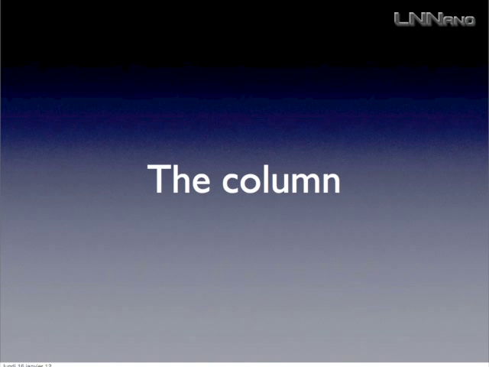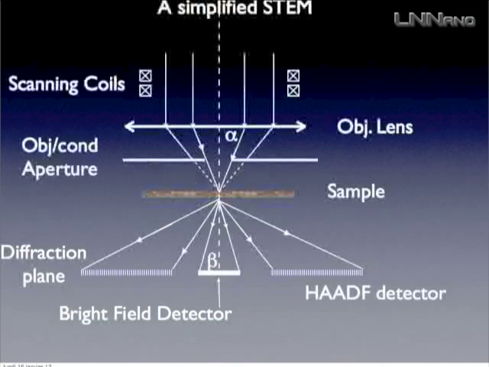So now we are going into the depths of my talk. An STEM, in fact, is a very, very simple machine. I think the main reason why it has not been so developed is that you need good electronics. Back 30 years ago, everything was analog, so it was a little bit difficult. But now that we have all this digital electronics and all the computer science behind, I think it's a little bit easier to build an STEM than a TEM, if you discuss with a manufacturer.